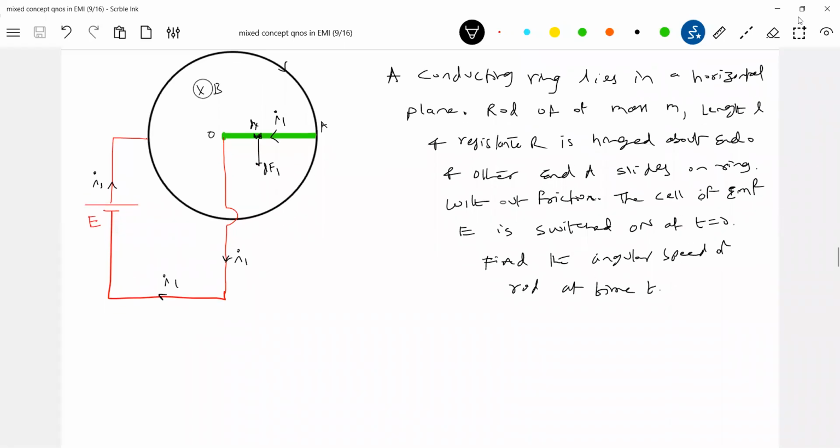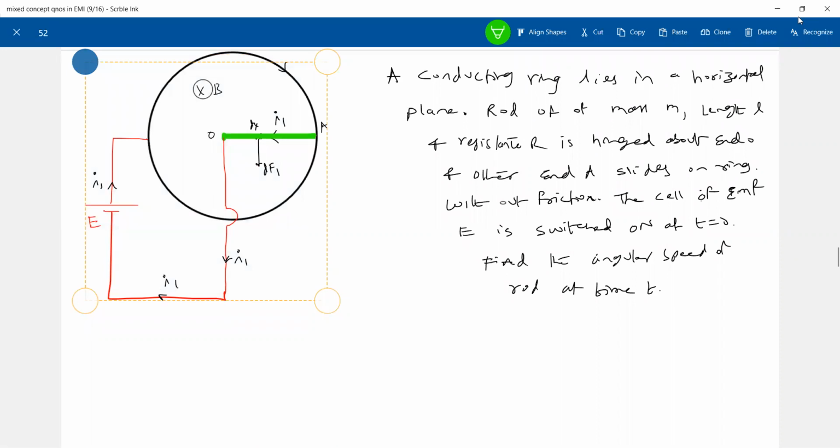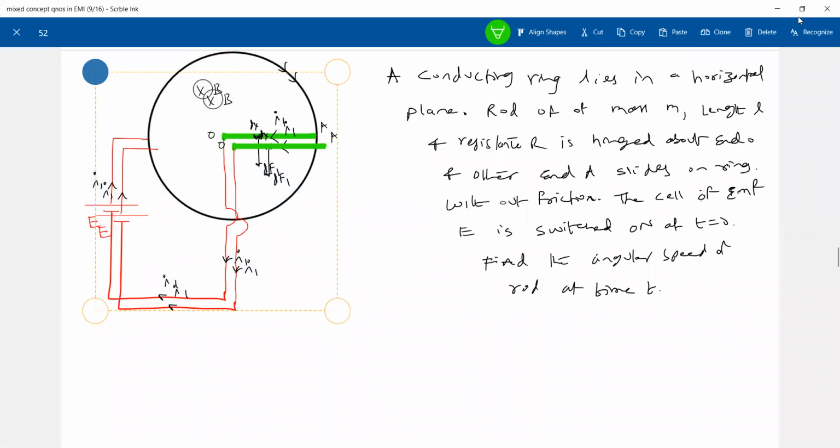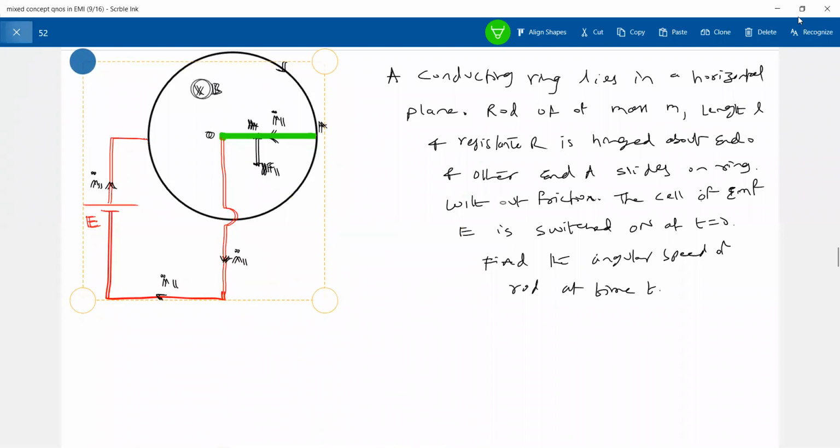I'll proceed to the next part of the problem. Now this is called like a motor.